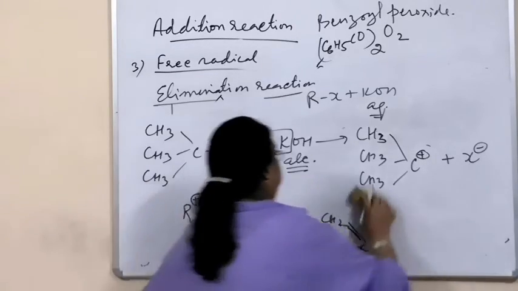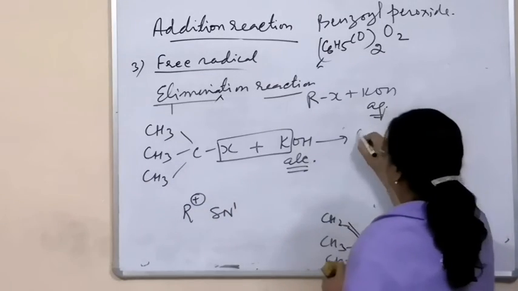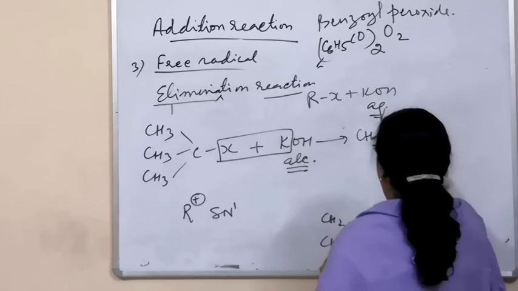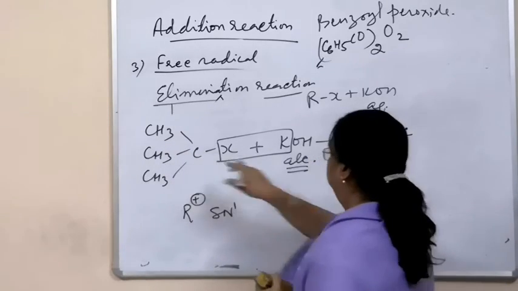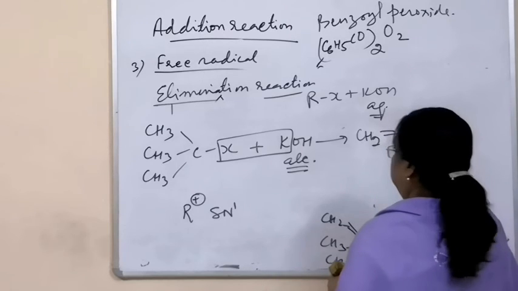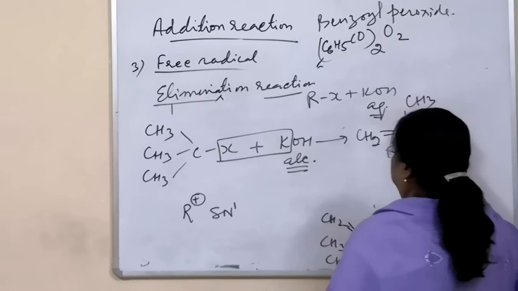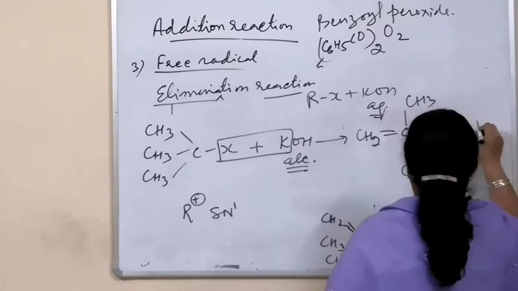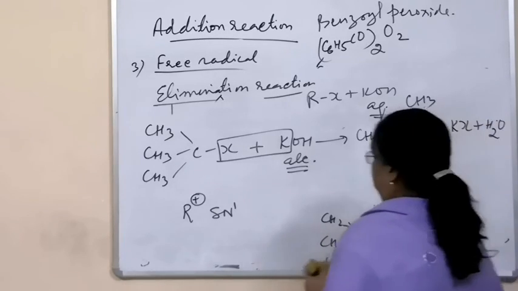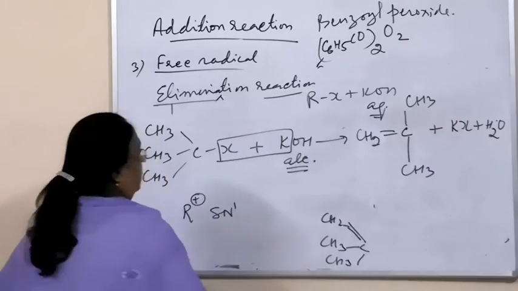So what do we obtain in this case? We obtain CH2 double bond C, with one CH3 here, another CH3 you can show here, plus KX plus water. This is the reaction you can see here.